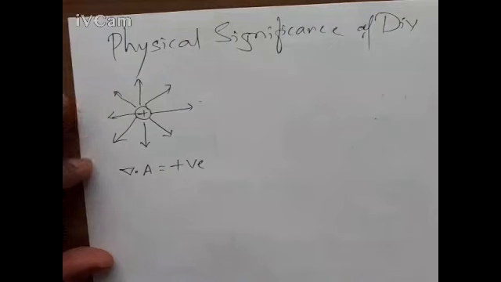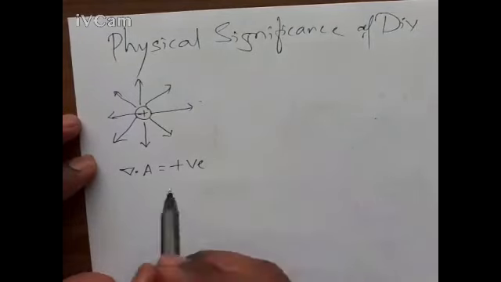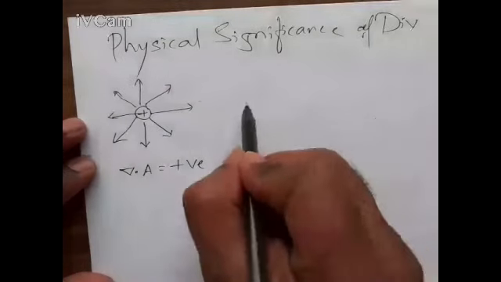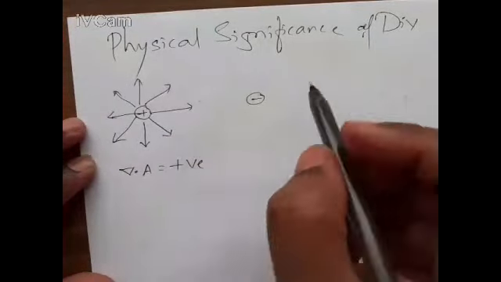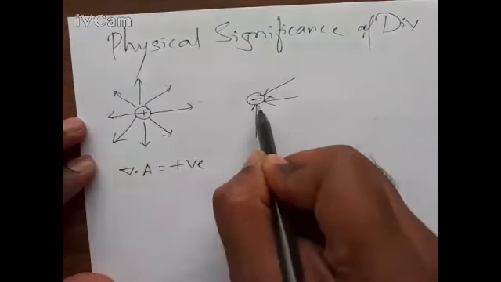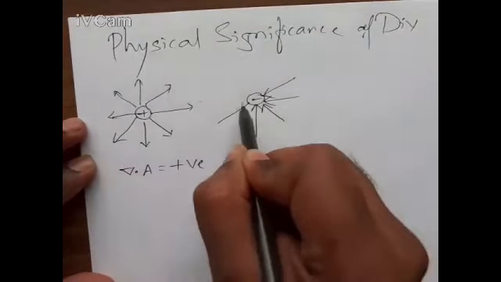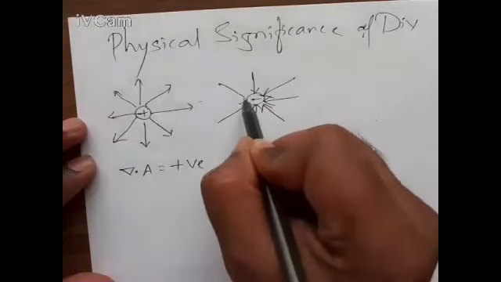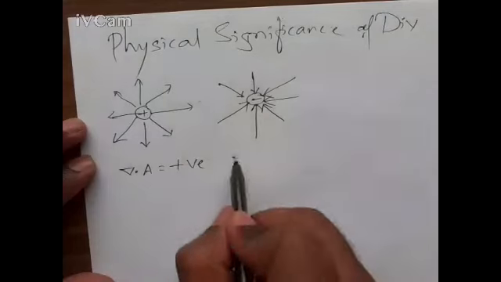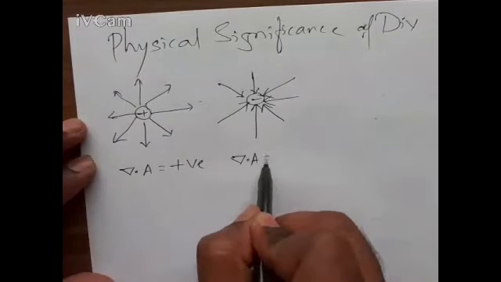The divergence is positive here. And when I take negative, the field lines tend to come inside, like this. So here we have negative divergence.